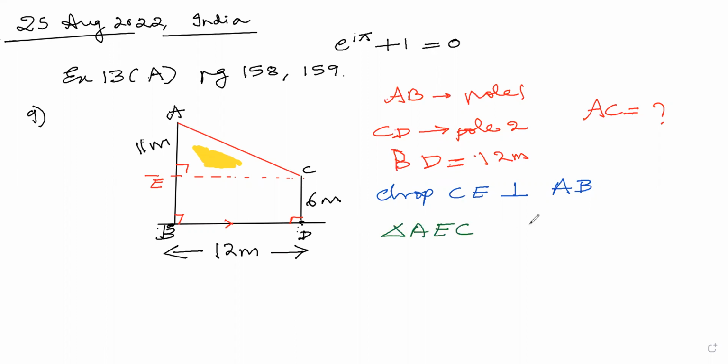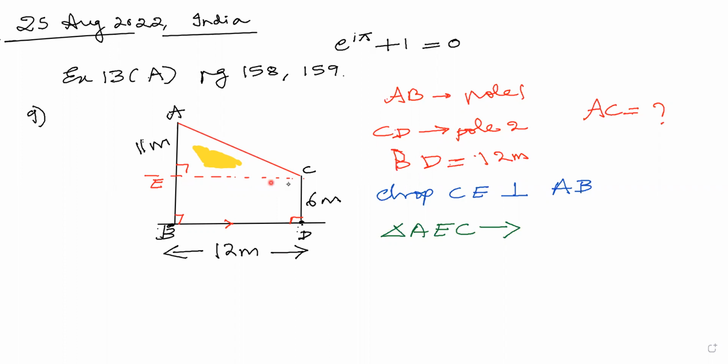In that triangle, I'll apply my Pythagoras theorem. In this triangle AEC, it's right angled at E, isn't it? You can see that. This is point E. At E, I have the right angle.